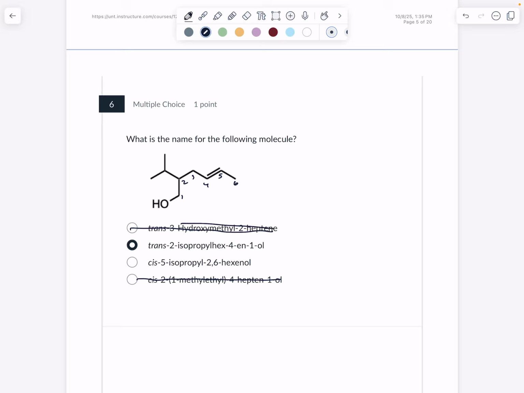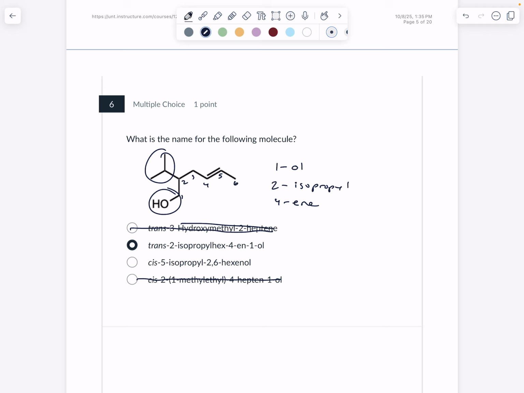So now I'm going to look at my substituents and number this molecule. So we have 1-ol, and it has to be the alcohol that gets the lowest number possible because it's highest priority, and then 2-isopropyl, and then 4-ene for our double bond.